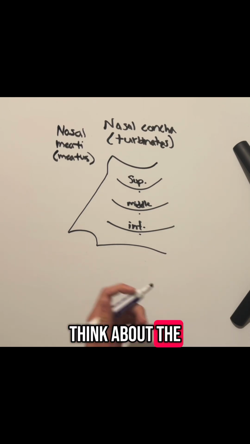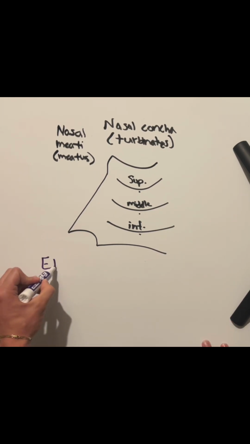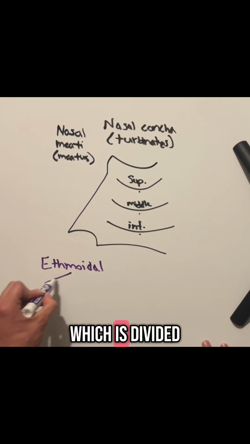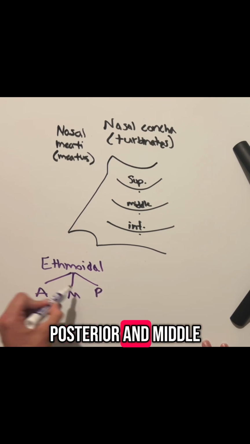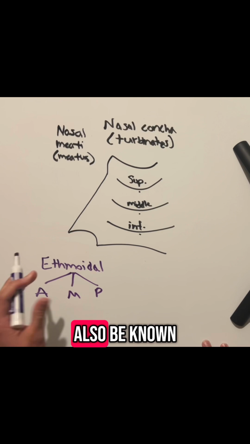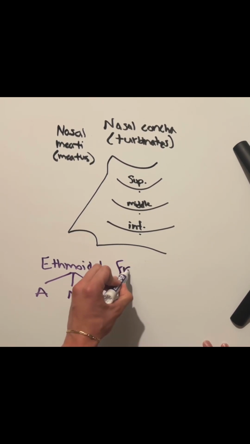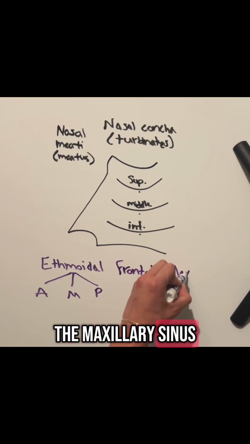Whenever we think about the paranasal sinuses, there are a few different considerations. We have the ethmoidal, which is divided into the anterior, posterior, and middle ethmoidal sinuses. Singularly, they can also be known as air cells. We have the frontal sinus, and we have the maxillary sinus.